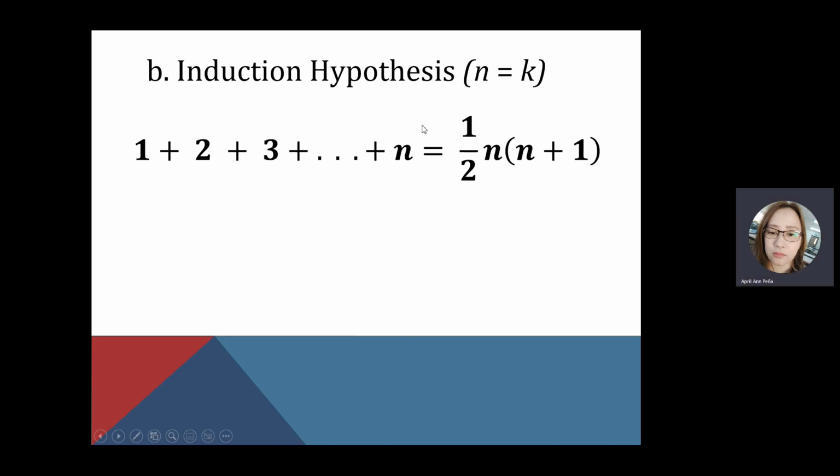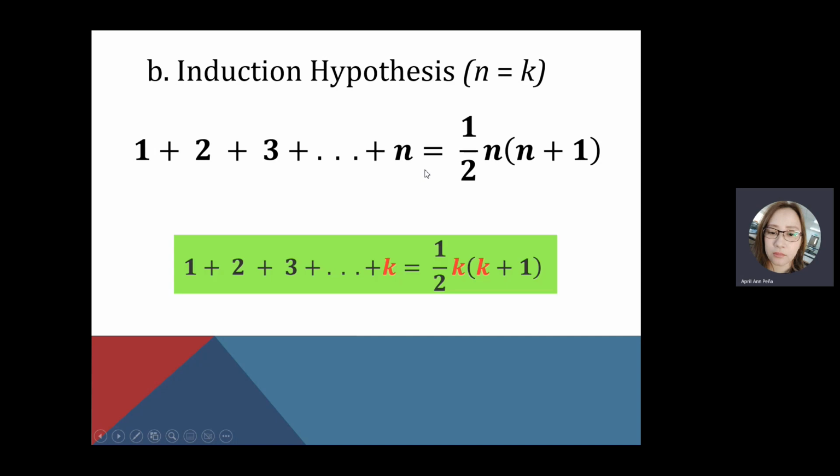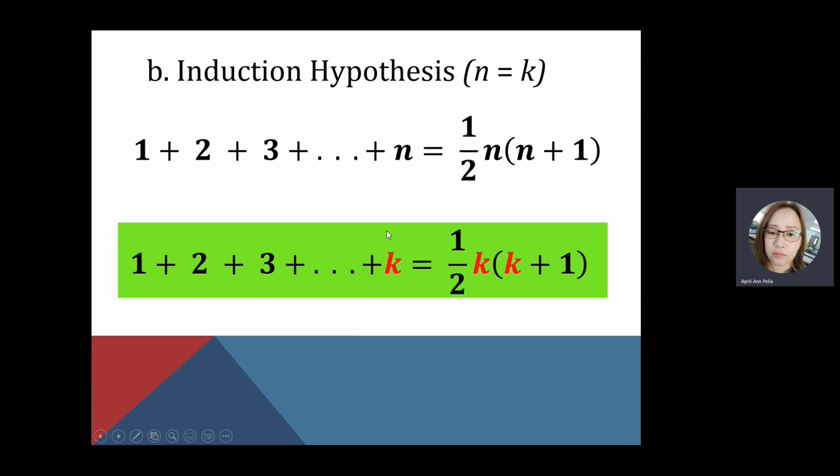For the induction hypothesis, in which n will be equal to k, simply replace n with k. In this induction hypothesis, you're going to rewrite the other parts of the mathematical statement given.